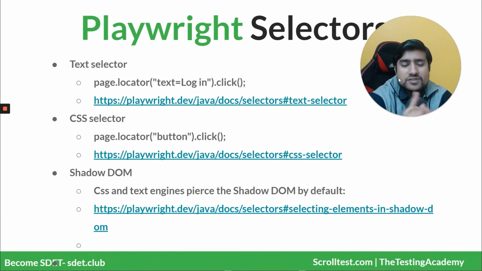Similarly, we have the CSS selector, which is pretty straightforward. If you know CSS selectors, you can directly call page.locator, and in the double quotes enter any CSS locator that you have. If you have no idea what a CSS selector is, I would recommend going to sd.live/YTP, which is the YouTube channel of The Testing Academy, where I have discussed CSS selectors and XPath extensively, and how to get a locator for a page.